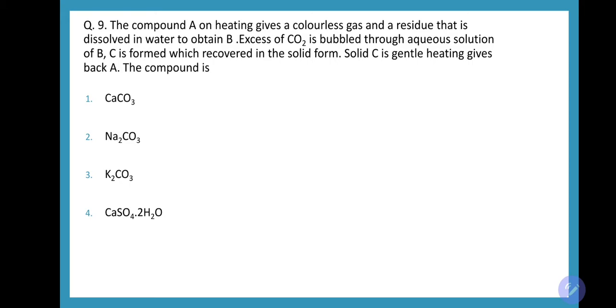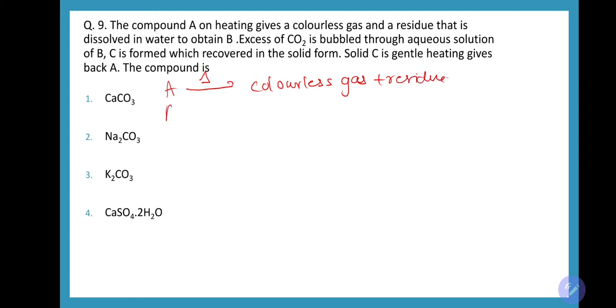Now basically what is given, let us write it. A on heating will give a colorless gas plus residue, right?